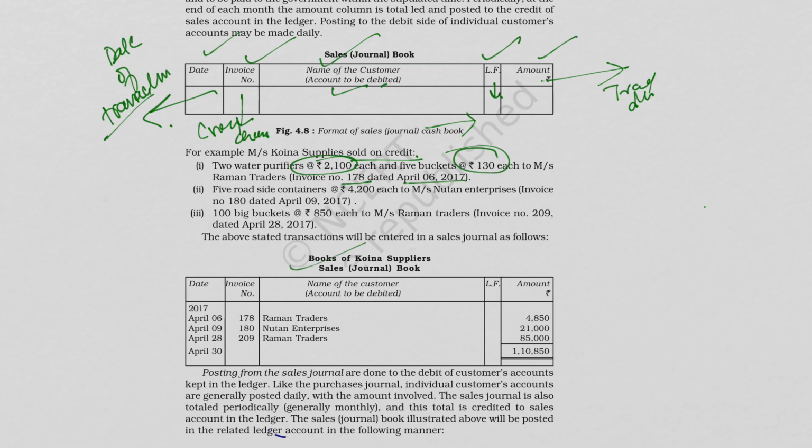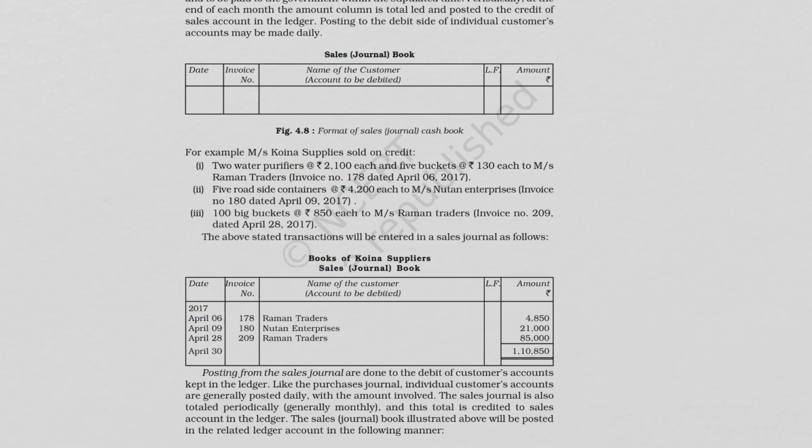We'll write this first transaction: April 6, invoice number 178, Raman Traders. We'll write this amount, 4850. How did we arrive at this? We have two water purifiers at 2100 each, so 2100, 2100, we have 4200.